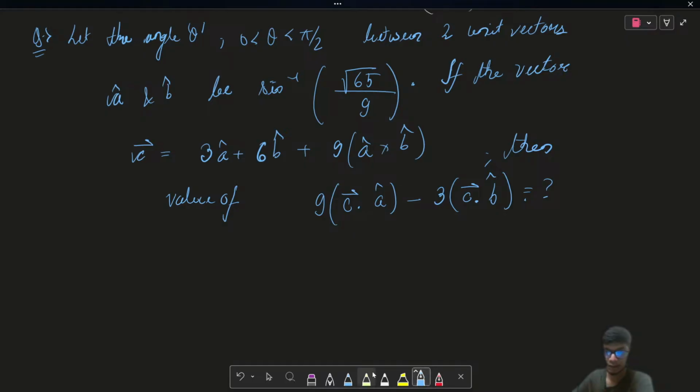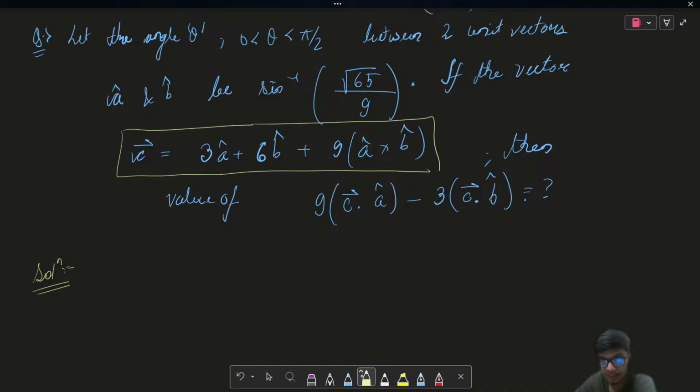Now, the most important catch to solve these kinds of problems is how to evaluate this particular vector equation. My c vector is given as 3 times a cap plus 6 times b cap plus 9 times a cap cross b cap.